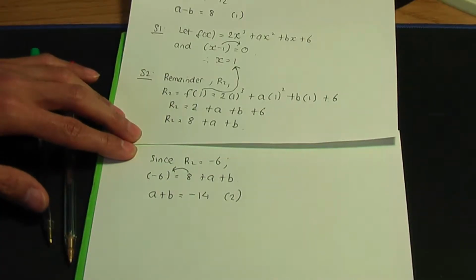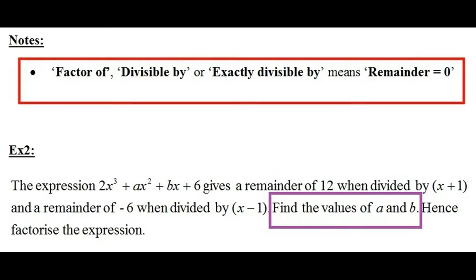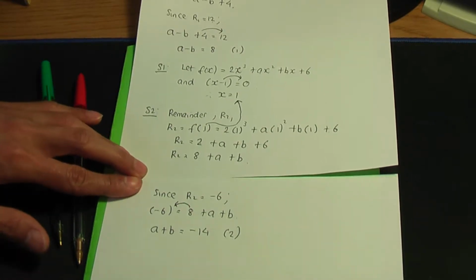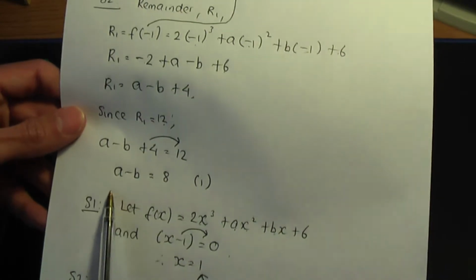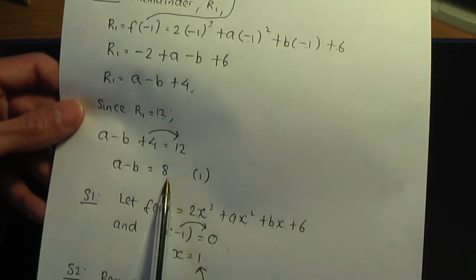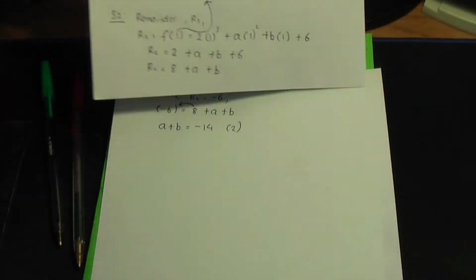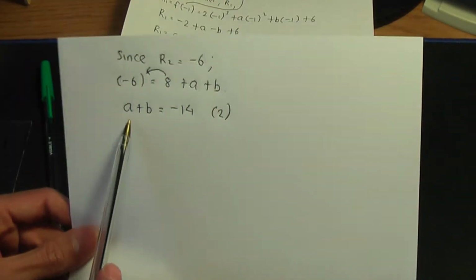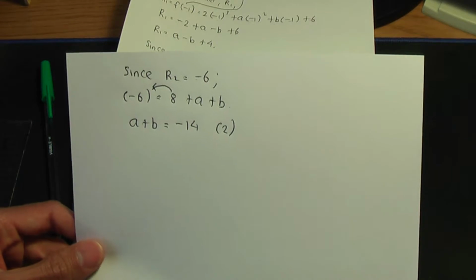So if we go back to the question, the first part of the problem is to find the values of a and b. Okay, so if we go back to the paper and pen, now I have 2 equations. Here is equation number 1: a minus b is 8. And here is my equation number 2: a plus b is minus 14.